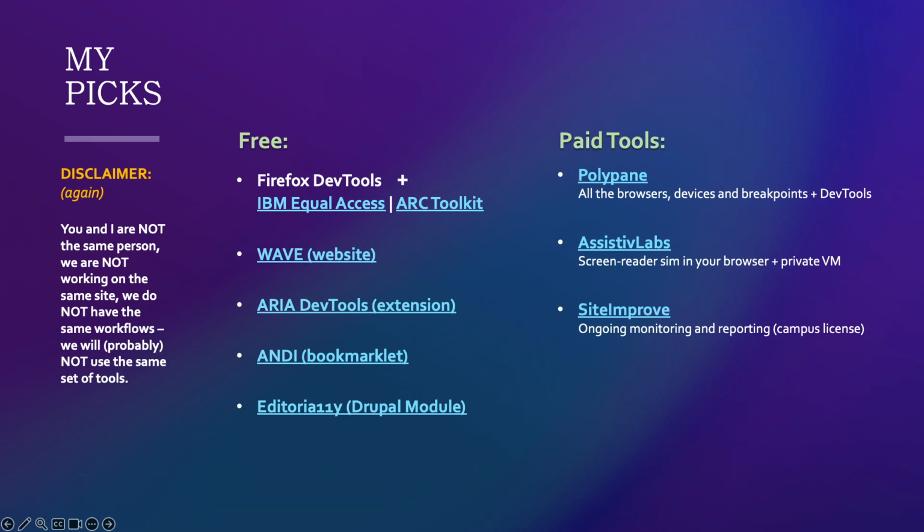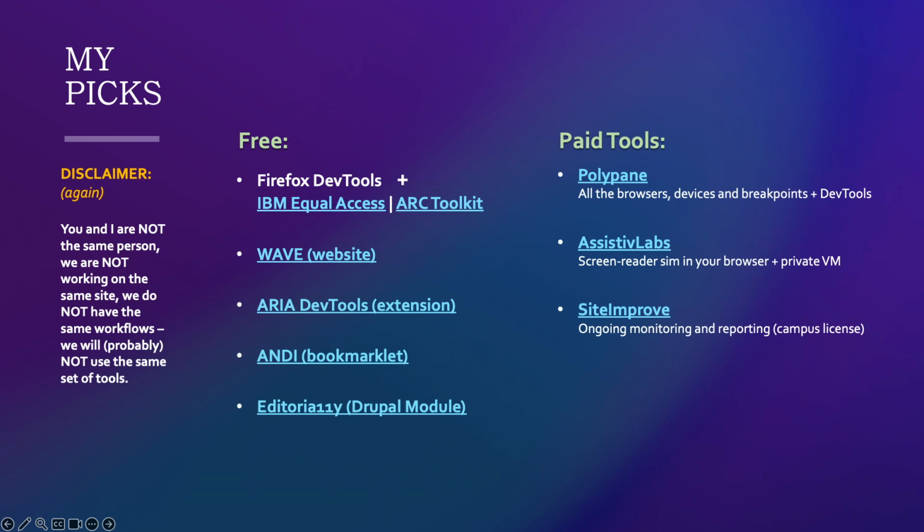And then I also have some paid tools. Like I mentioned before, I have Assistive Labs to do my screen reader simulations. And then, does anybody use Polypane? One Polypaner. Okay, cool. Polypane is one of the best tools I've ever used for web development. It gives you multiple browser screen sizes. You can set them up, and it shows them all at the same time.